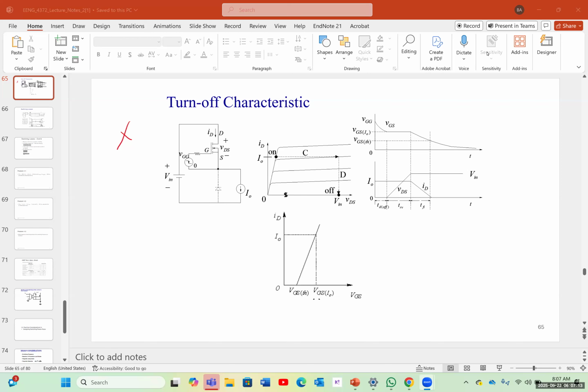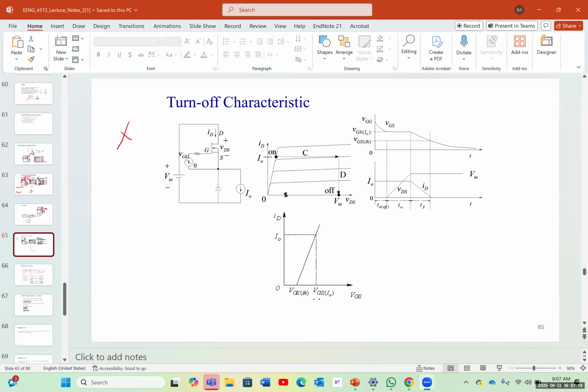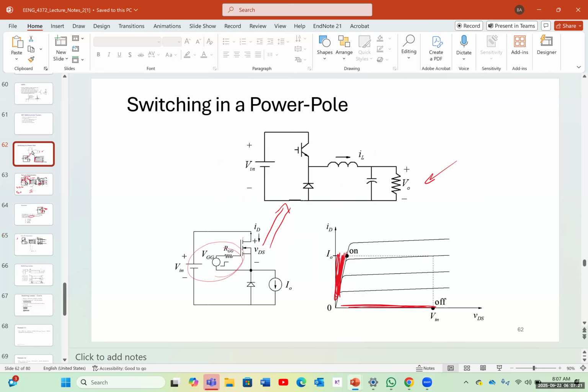In the previous class, we spoke a little bit about different losses in power electronics and also different types of switches, different types of semiconductors such as thyristors, diodes, and different types of transistors.